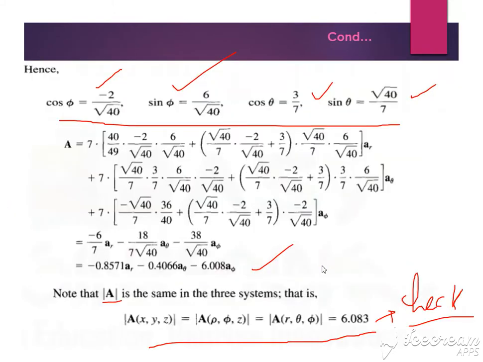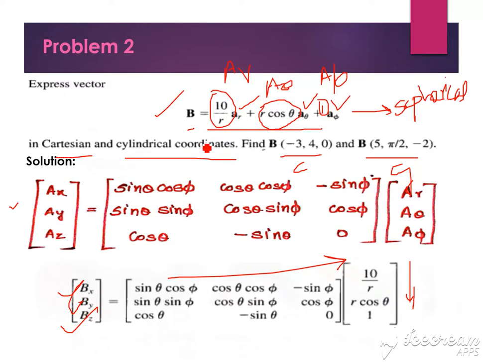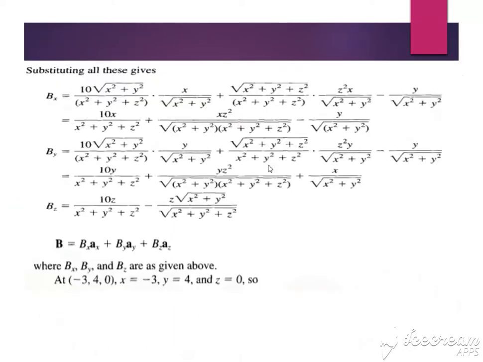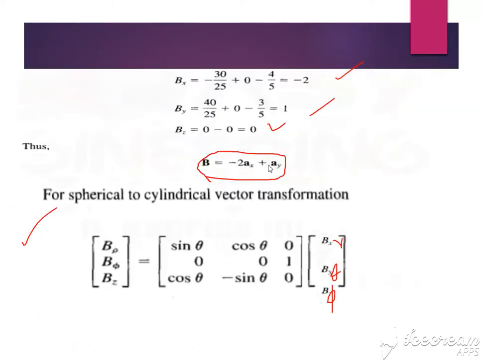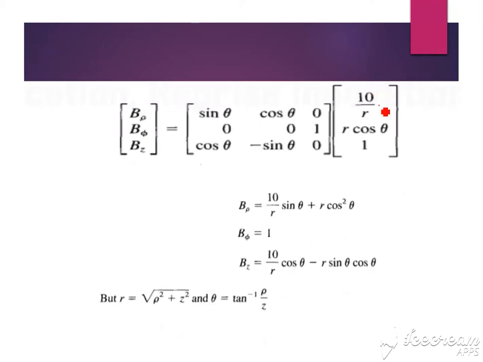What are the values given? 10 by r cos theta, 0, and 1. Now simply perform row column multiplication to find the expressions for B rho, B phi and Bz. So these are the three expressions.